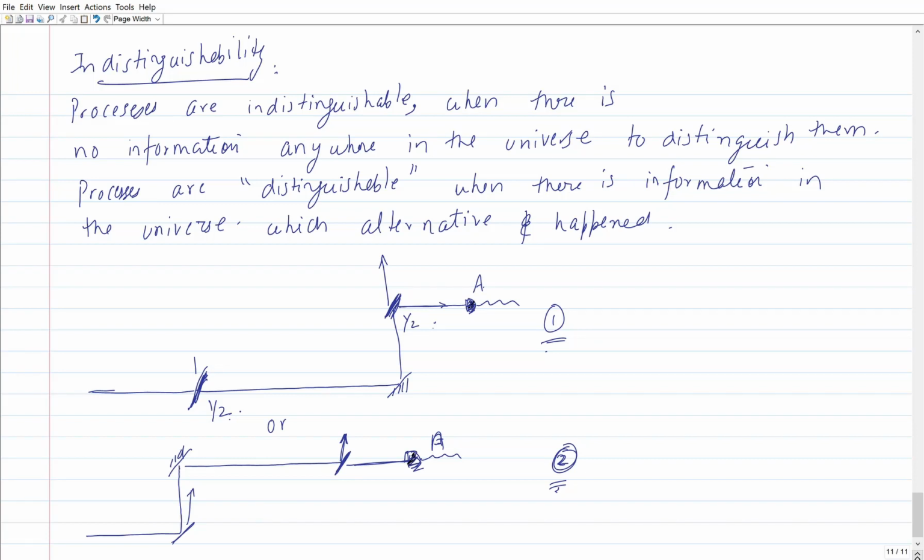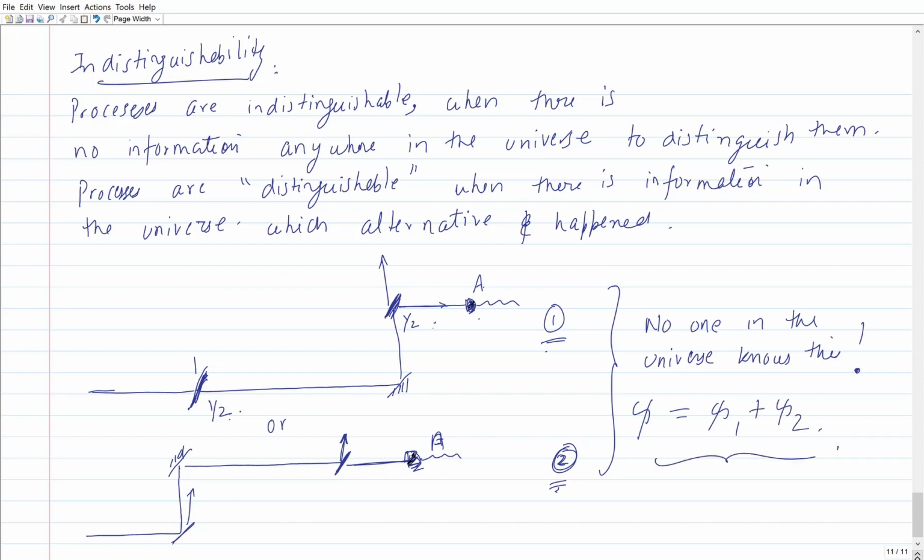No one in the universe knows this, and hence when no one in the universe can distinguish between two alternatives towards the outcome, which in this case was the detection event at A, we add the probability amplitudes.